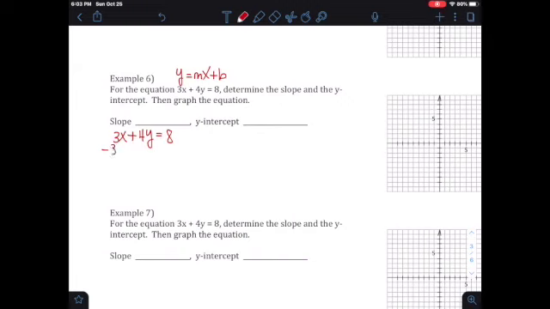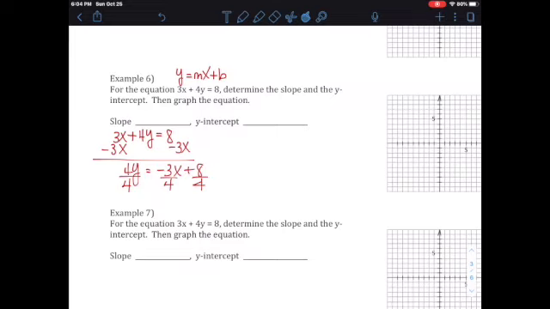So minus 3x on both sides. And you have 4y equals, now you can always line them up like mx plus b, so you can write the negative 3x first, plus 8. Then we're going to divide by 4, divide by 4, and divide by 4 on all of them.